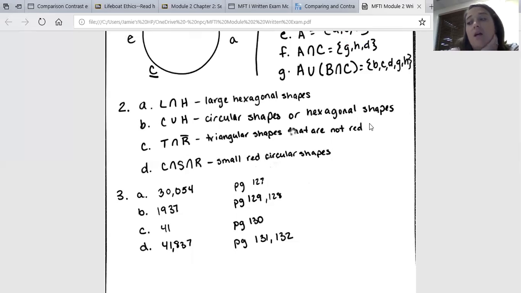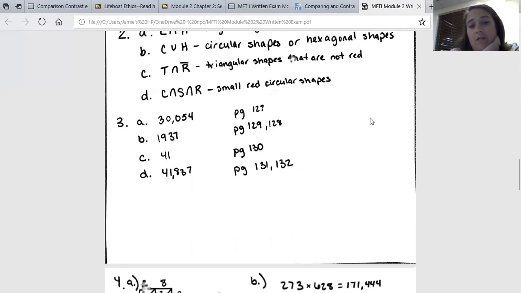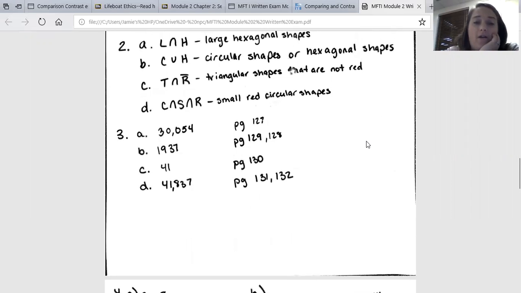And then B is C union H. So that is all circular shapes or hexagonal shapes. And then C is T intersection the complement of R, so it's the triangular shapes that are not red.